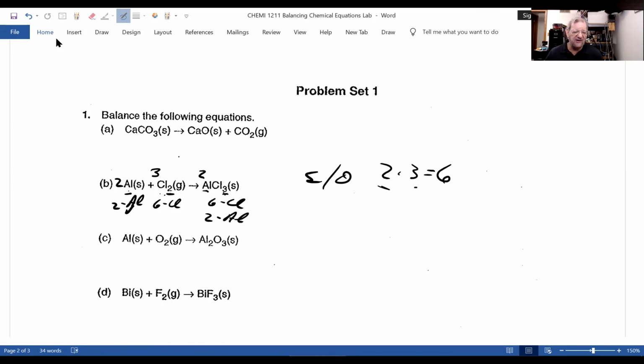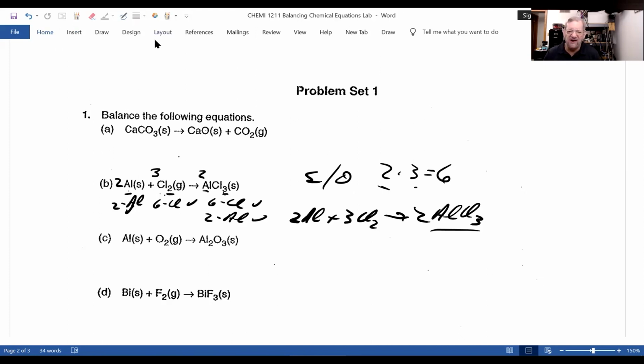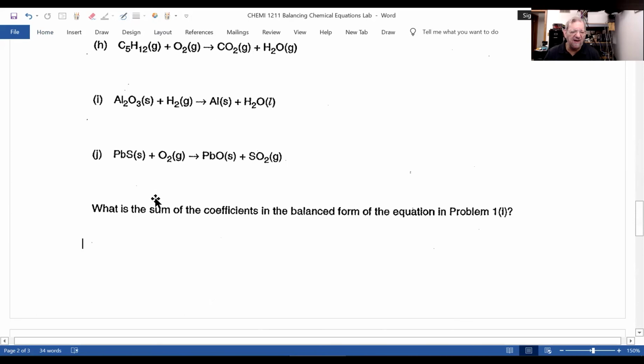And now check: 2 aluminum, 2 aluminum, 6 chlorine, 6 chlorine. You don't have to do this, but I'll do this. And that's how you do a balanced chemical equation with even odd. And you have this problem set.